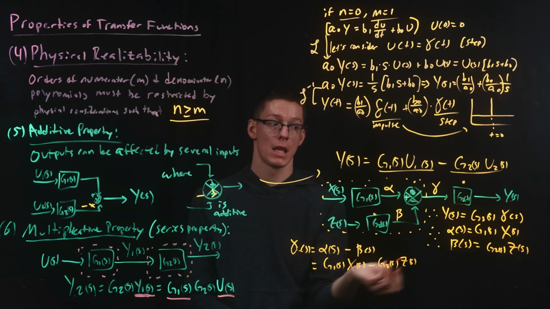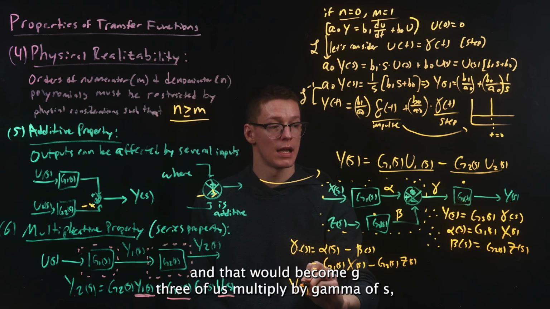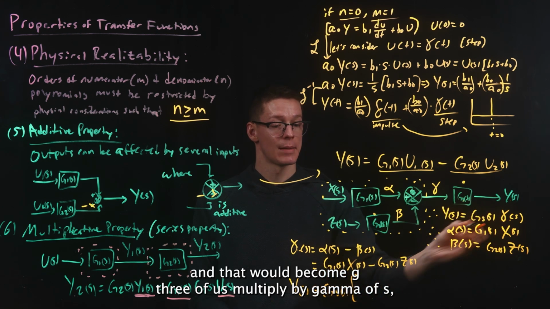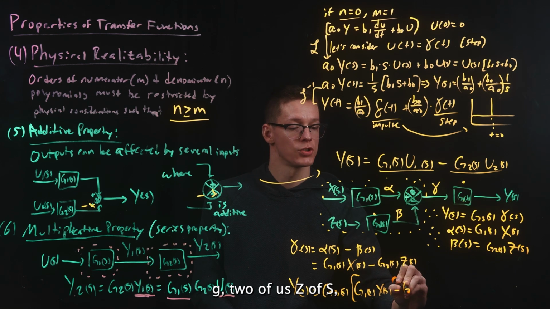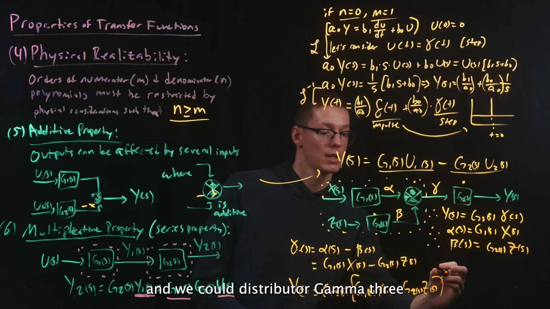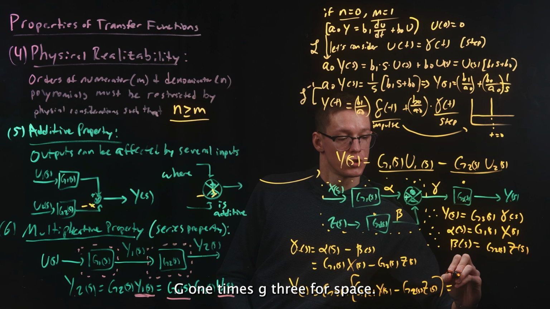We can substitute gamma of s into our y of s function, and that would become g3 of s multiplied by gamma of s, which is g1 of s, x of s, minus g2 of s, z of s, and we could distribute our g3, giving us, ultimately, g1 times g3.